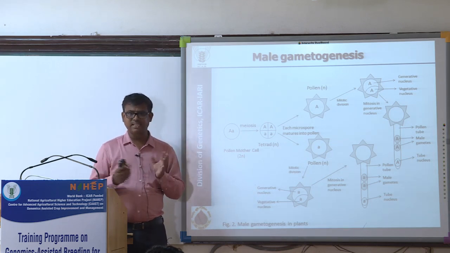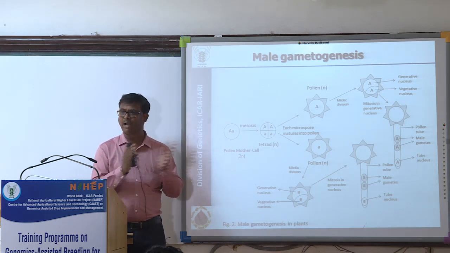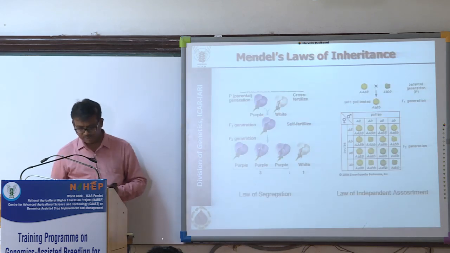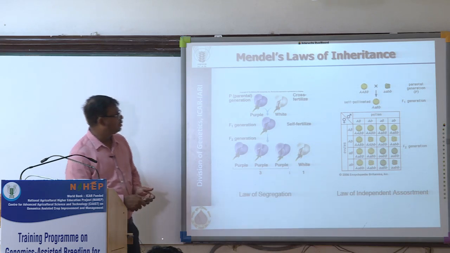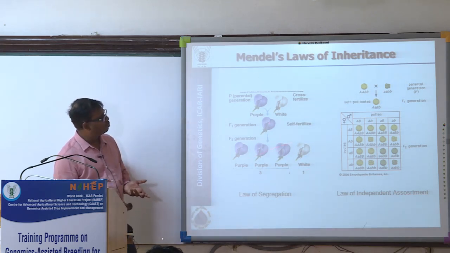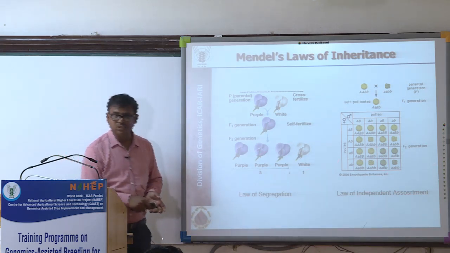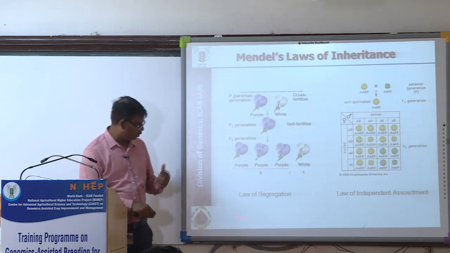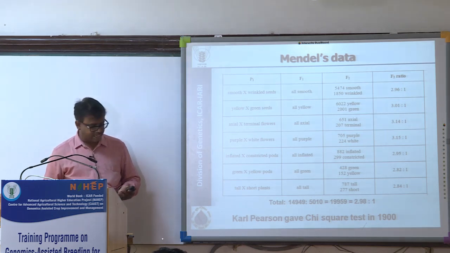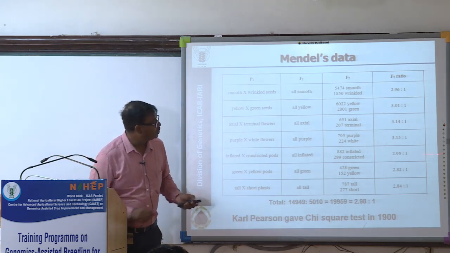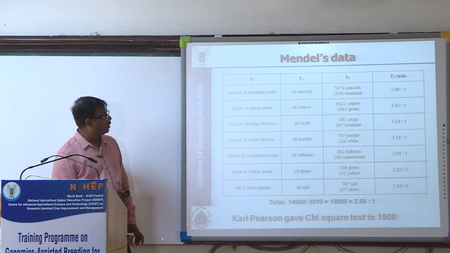But in every case, it is a 50-50% distribution of capital A and small a. I do not want to go into the detail. We all are genetics students. If you make a cross, you will get a typical 3:1, or you will get a typical 9:3:3:1. We know the law of segregation and law of independent assortment, and these are exactly the ratios which Mendel studied.